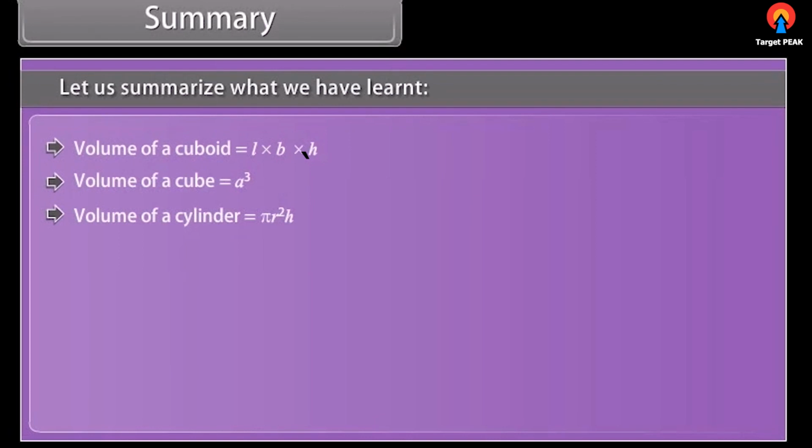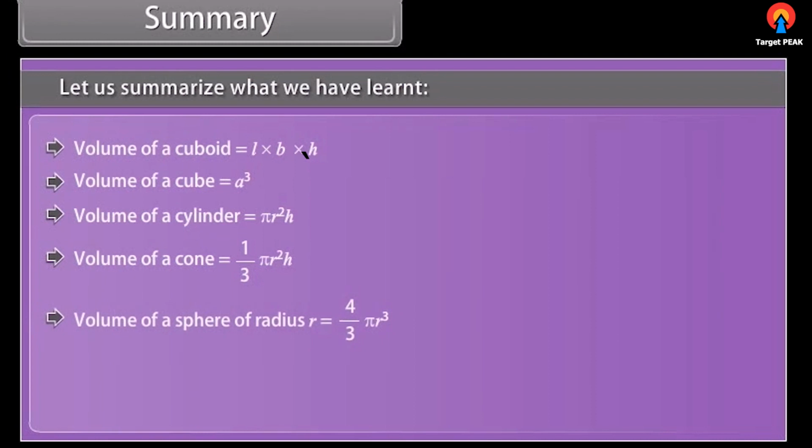Volume of a cylinder is equal to pi r square H. Volume of a cone is equal to 1 upon 3 pi r square H. Volume of a sphere of radius r is equal to 4 upon 3 pi r cube. Volume of a hemisphere is equal to 1 upon 2 into 4 upon 3 into pi r cube, which is equal to 2 upon 3 pi r cube.